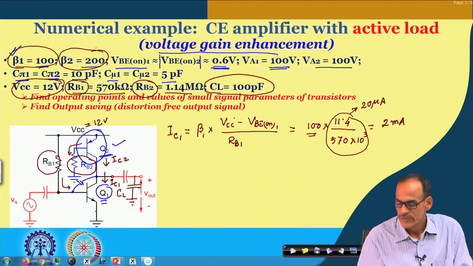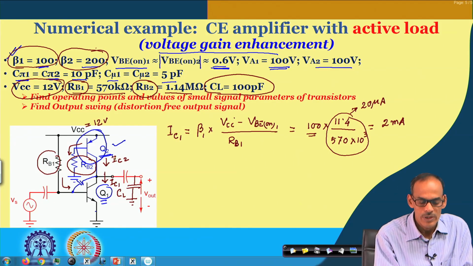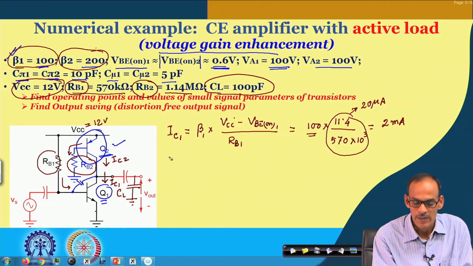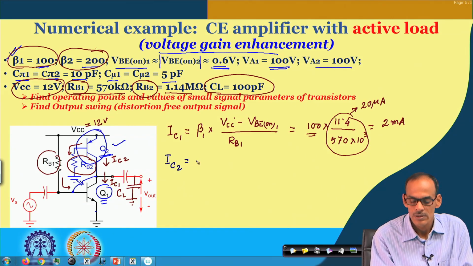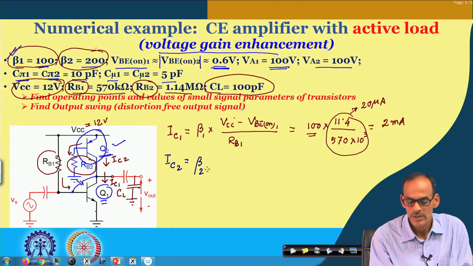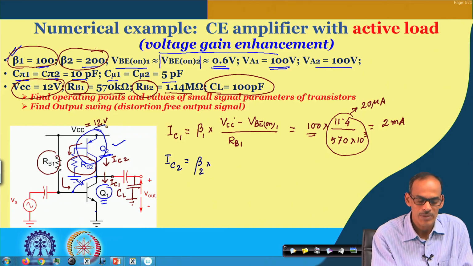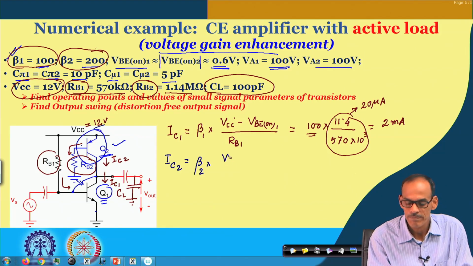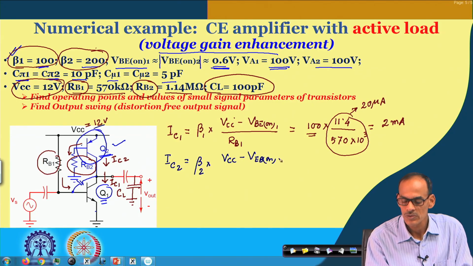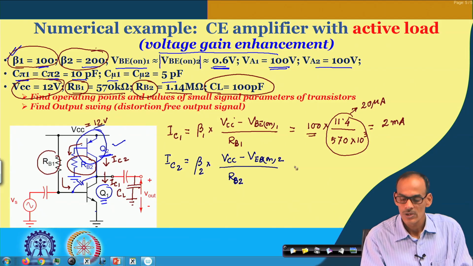Now, on the other hand, for transistor 2, to find its collector current, it is equal to its own beta multiplied by the same supply voltage minus VEB of transistor 2, divided by RB2.